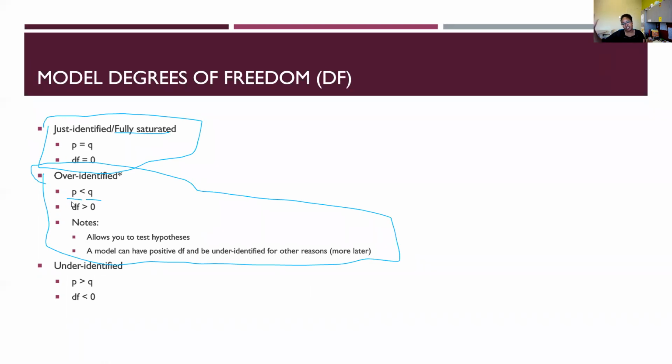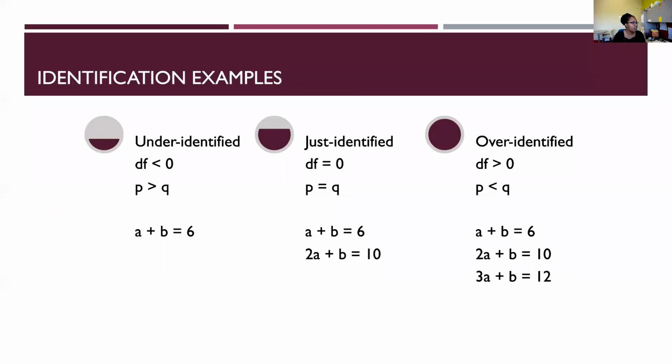So that means our degrees of freedom are more than 0. This allows you to test hypotheses. And it's just more interesting than having a model that's fully saturated. What you don't want to have is an under-identified model, where your degrees of freedom are negative. So that's going to be where you have more parameters than you have data points.